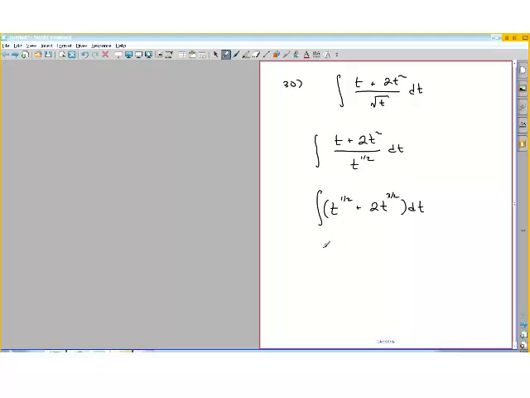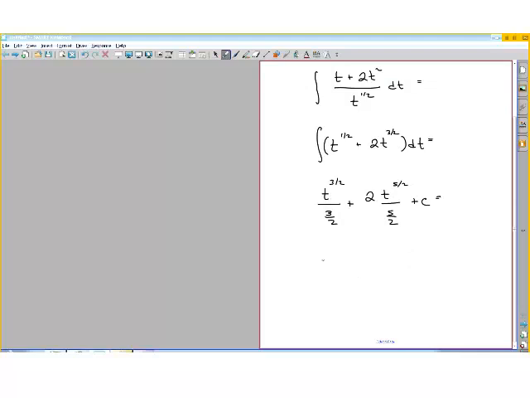And at this point we can just use the power rule. So this term becomes, we add 1 to the exponents, so we get t to the 3/2 divided by 3/2. And the second term is the constant 2, t to the 5/2. 3/2 plus 1 is 5/2, and we divide by 5/2. And then we add our arbitrary constant c. And then we just clean it up.